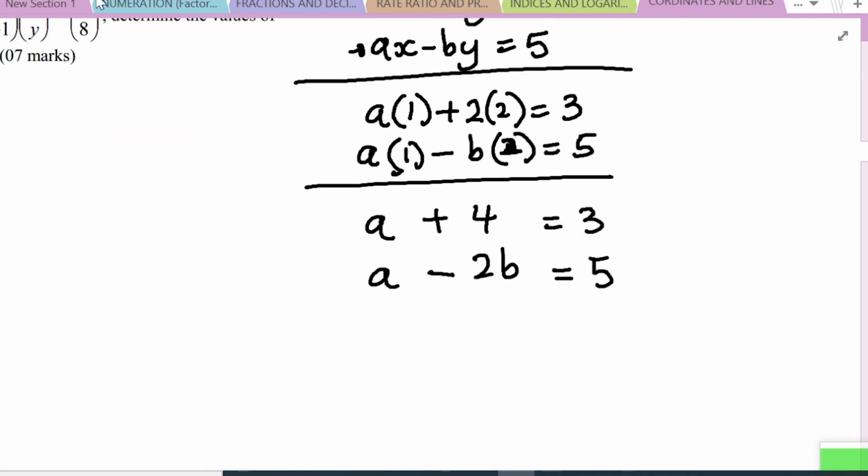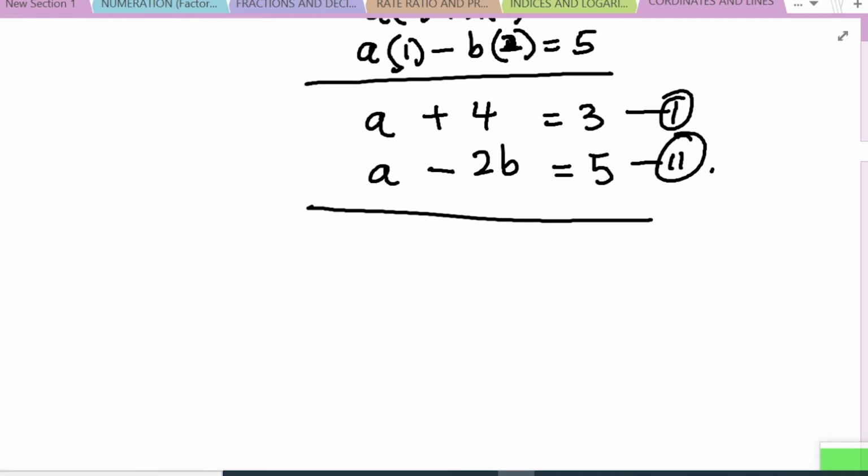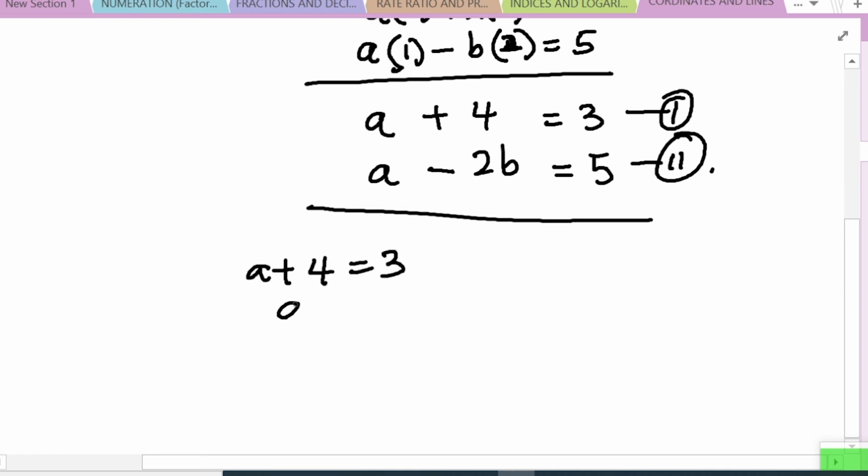We can already get a from the first equation, directly here: a + 4 = 3. Therefore, a = 3 - 4. Our value of a is -1.